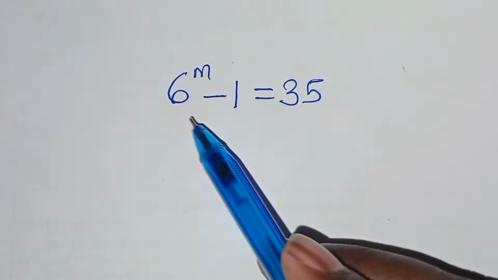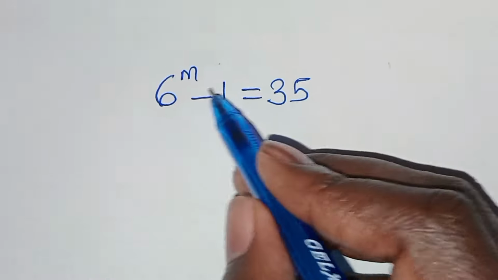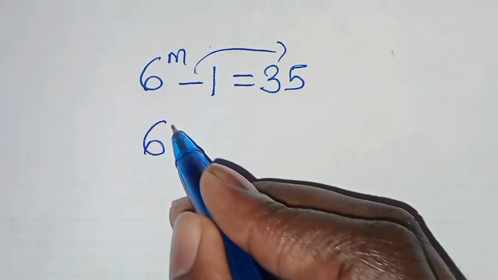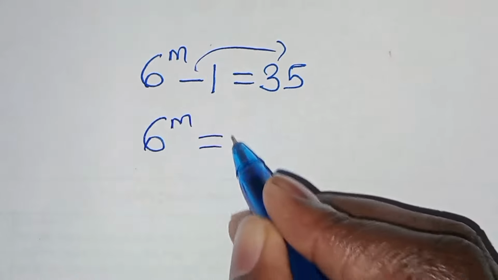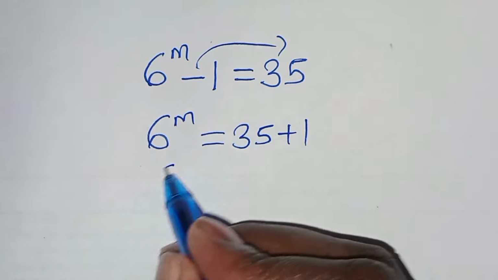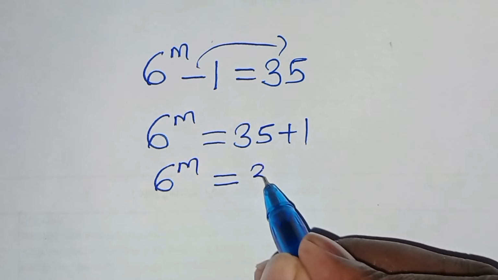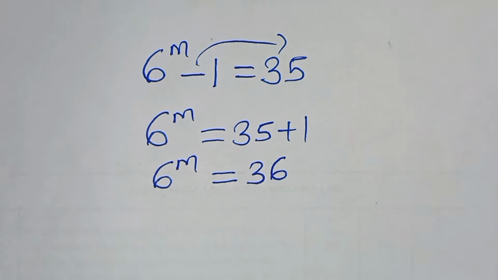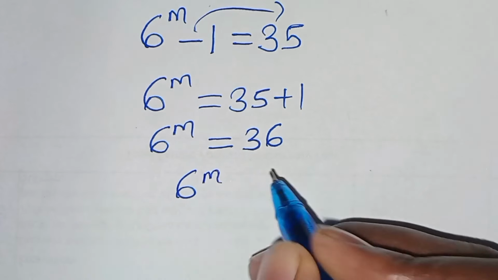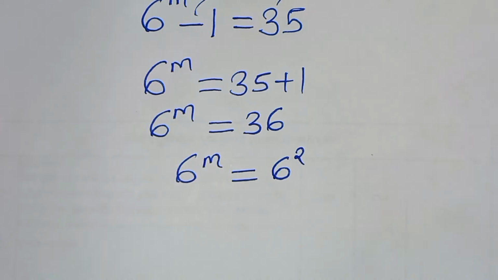Here we have 6 to the power of m minus 1 equal to 35. Let's take minus 1 to the right-hand side, so that 6 to the power of m is equal to 35 plus 1, which is 36. So 6 to the power of m is equal to 36, which is 6 to the power of 2.